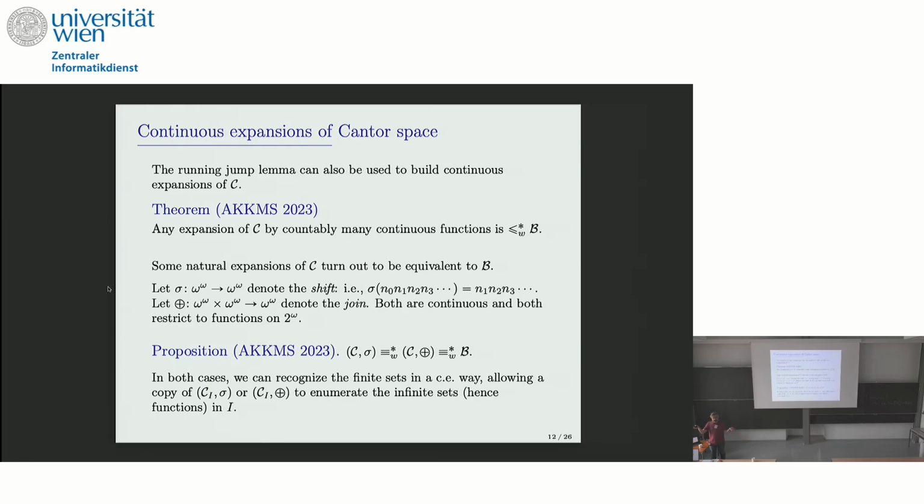Eventually, it is the all-zero sequence, and I say, I don't want to list this one when I'm trying to list the infinite sets. So that's what you do, and you can show that expanding by the shift, or similarly the join, gives you Baire space back, because you can just list the infinite sets. Okay.